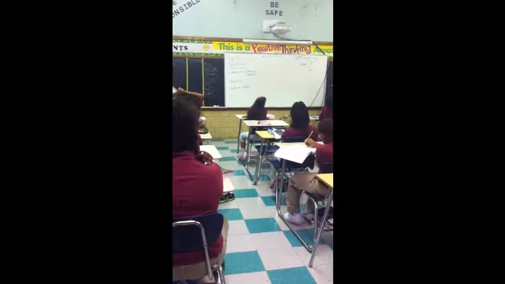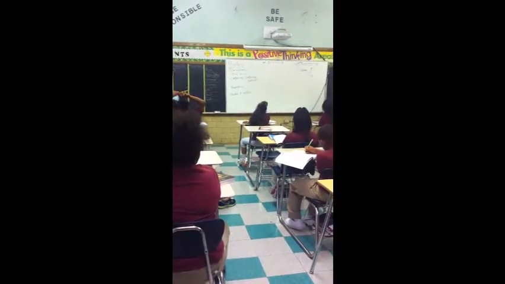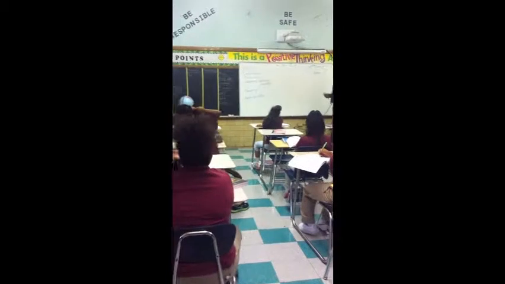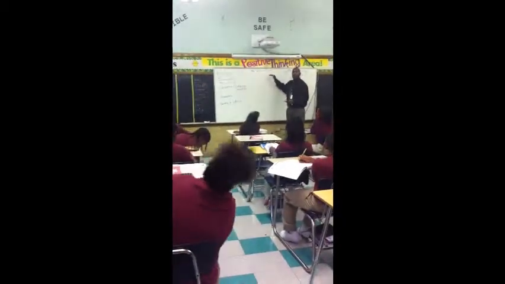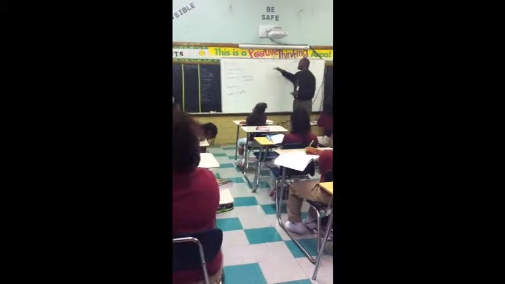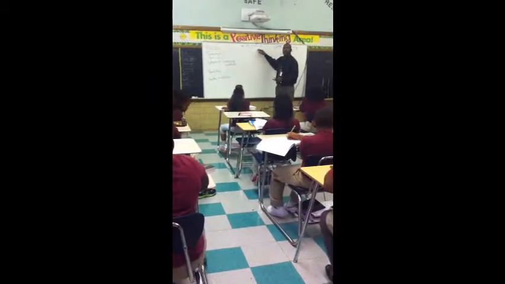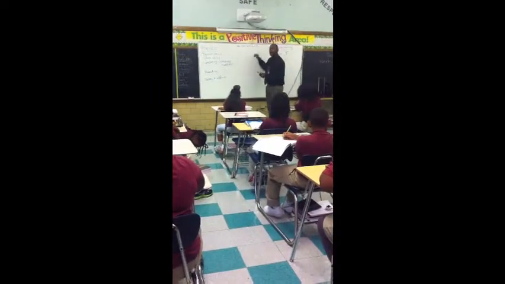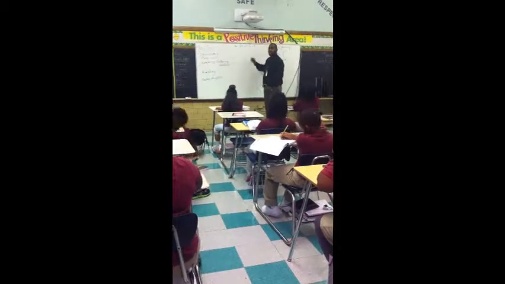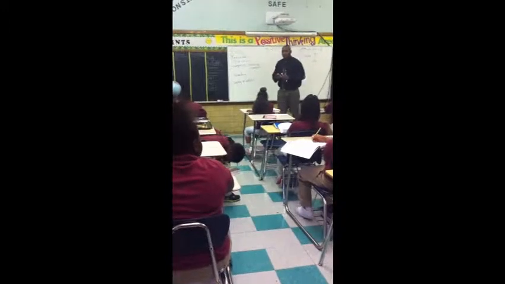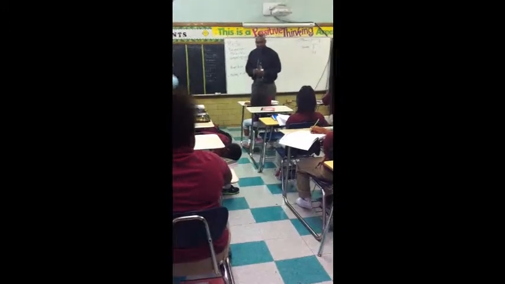It's in row form. Why do you say that? Because it's going from left to right. Good. Awesome. So what you are going to do is take this number sentence and rewrite it from left to right to column, which is top to bottom. Now, where do I want you to put this?